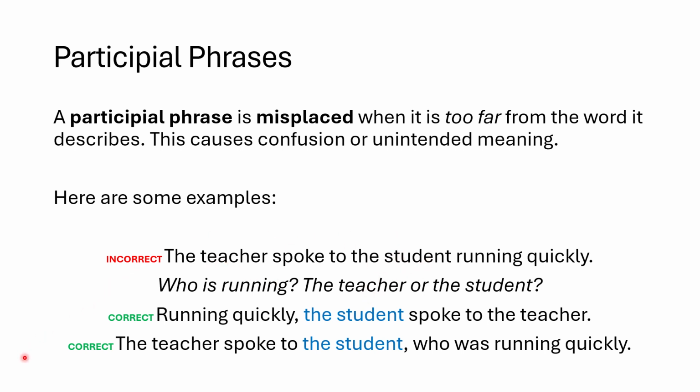There are two correct versions of the sentence. Running quickly, the student spoke to the teacher. The teacher spoke to the student, who was running quickly. Both of the correct sentences show that the student was running quickly, but the meaning of the action in the sentences is slightly different.